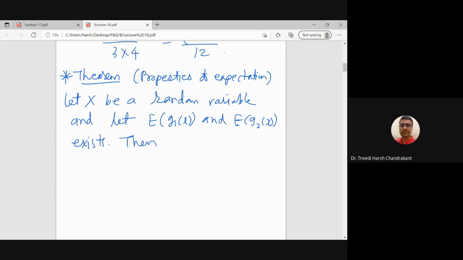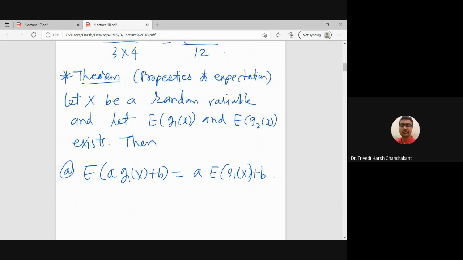Okay, so then what do we want to prove? The first part is that it is linear. That means the expectation of a g1(X) plus b, since it is linear, we want to show that it is a times the expectation of g1(X), which is a random variable, plus b, right? So it preserves linearity, like differentiation and integration.